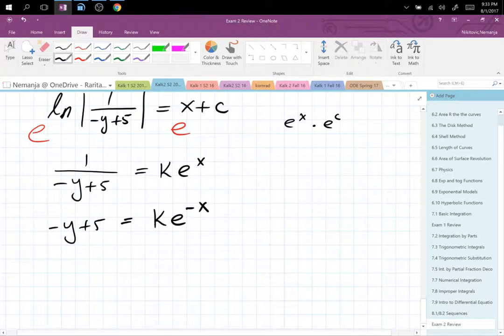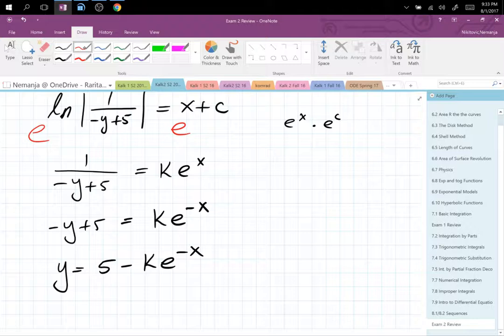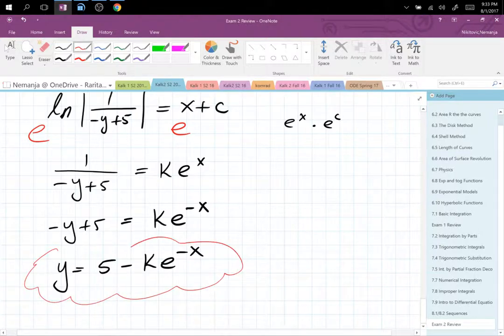And then you can move y and move the k. So the answer is y equals 5 minus k e to the minus x. Now the beauty of differential equations is you can quickly take the derivative, plug it back into the original problem, and it must check out in order for the solution to be correct.